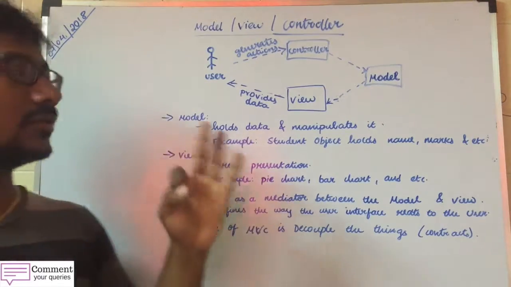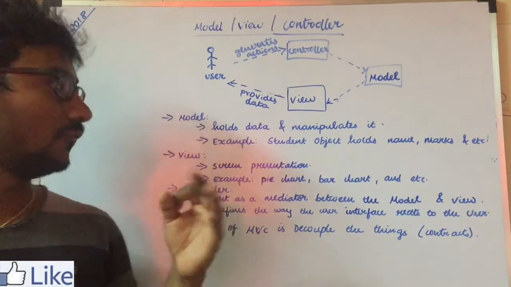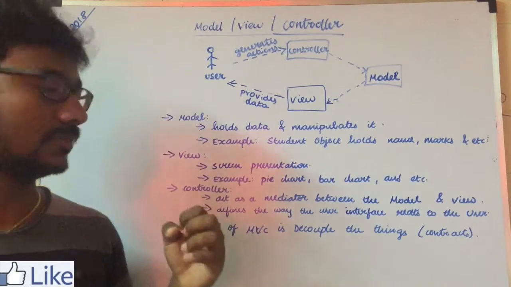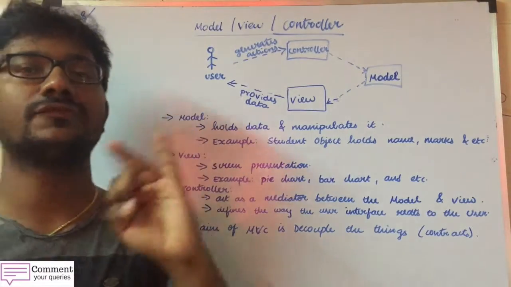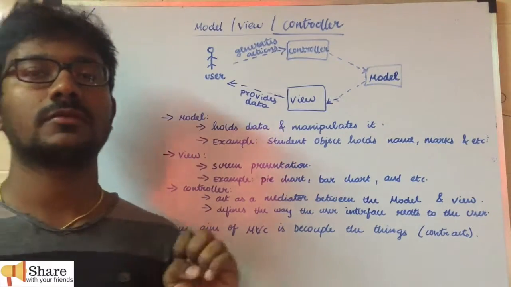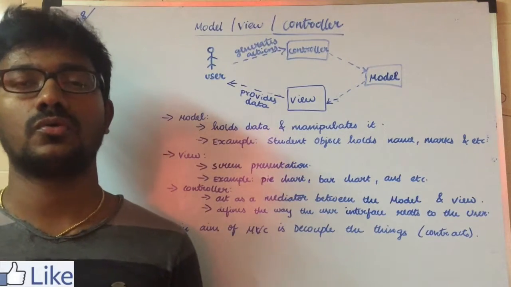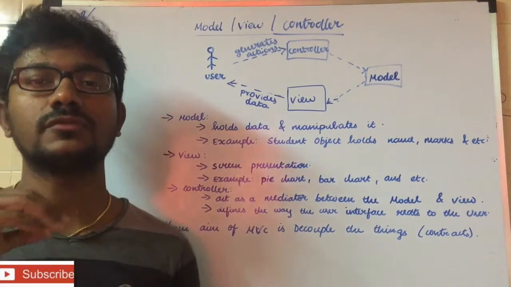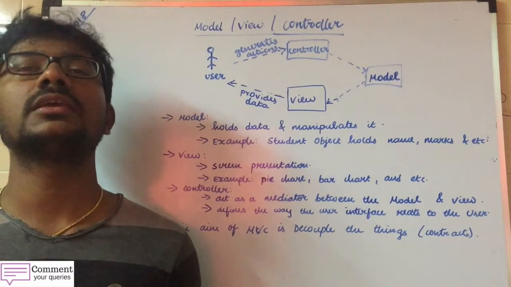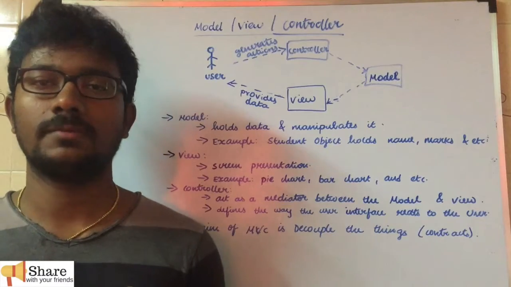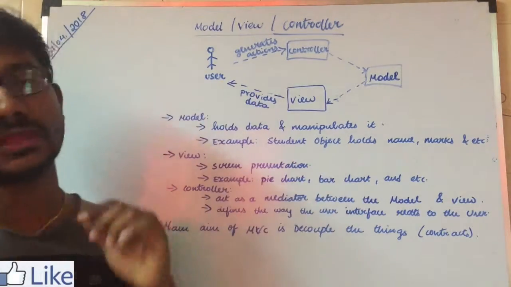There are three things playing a part in making this theoretical approach practical. The first is the model, the second is the view, and the third is the controller. First we'll discuss the view. If you open a college portal and give some roll number, you will see the details of that corresponding roll number. The data that you are viewing is the presentation layer, or view layer.